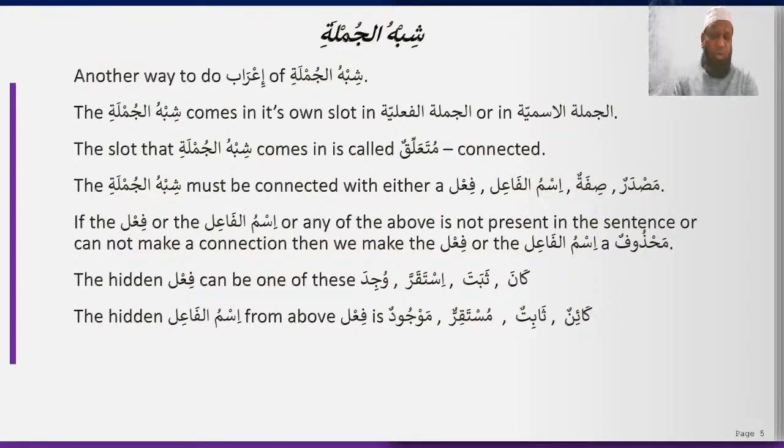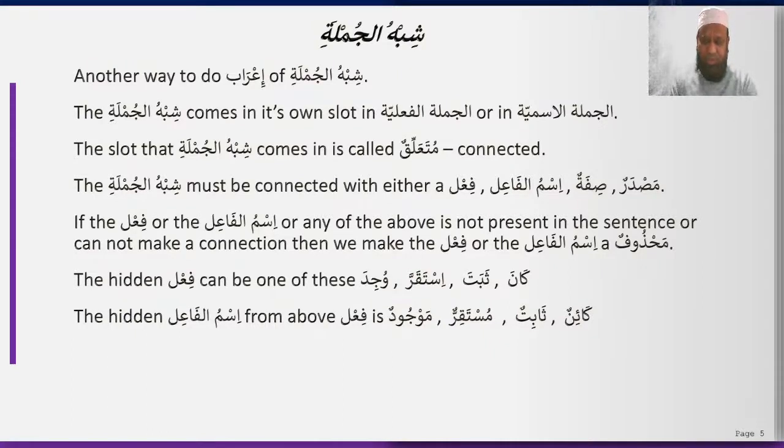A Shibhul Jumla must be connected with either a fail or ismul fa'il or a sifa or masdar. So in the sentence we look for these first. If we find fail, we connect shibhul jumla to the fail. If there is ismul fa'il, we try to connect with ismul fa'il.